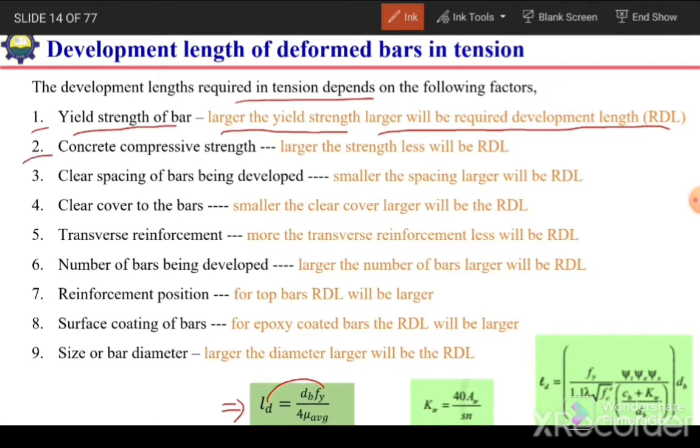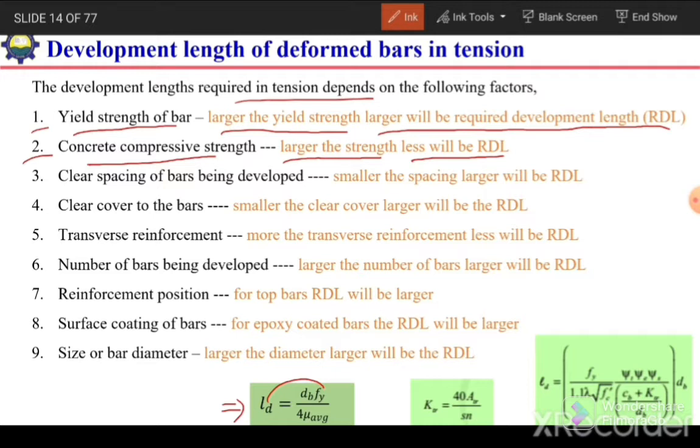The second is concrete compressive strength. The larger the concrete compressive strength, the lesser will be the required development length. When the strength of concrete is high, the tensile strength corresponding to that concrete will also be high. When the tensile strength of concrete is high, it requires more internal pressure for the splitting cracks.